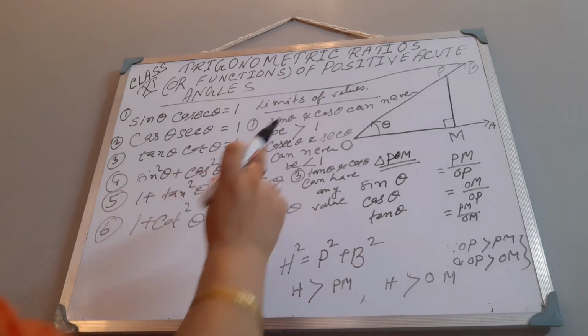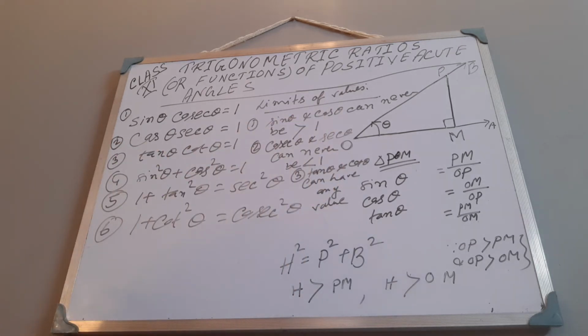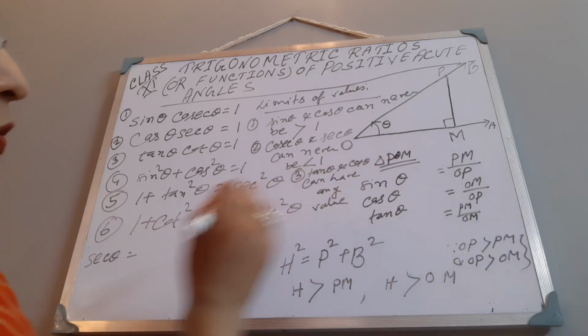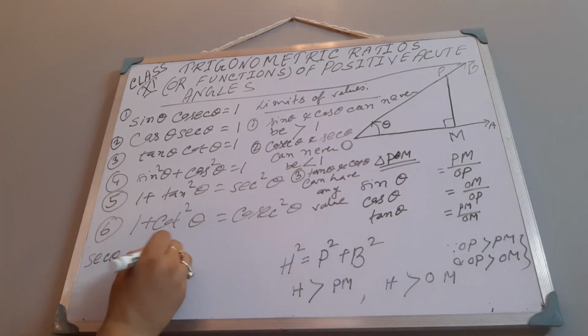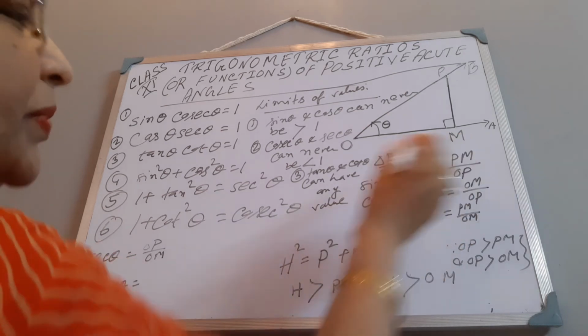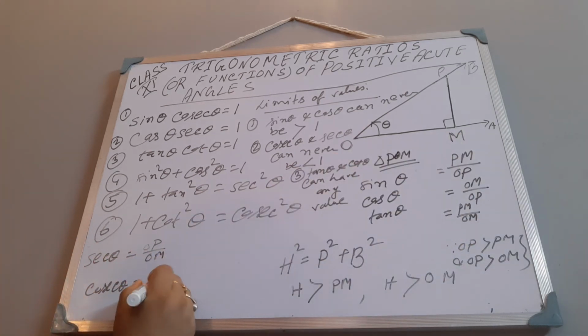Okay. Next is cosec theta and sec theta can never be less than 1. Sec theta, let me write again. Cos theta is OM by OP, so sec theta will be OP by OM. And cosec theta will be OP by PM.